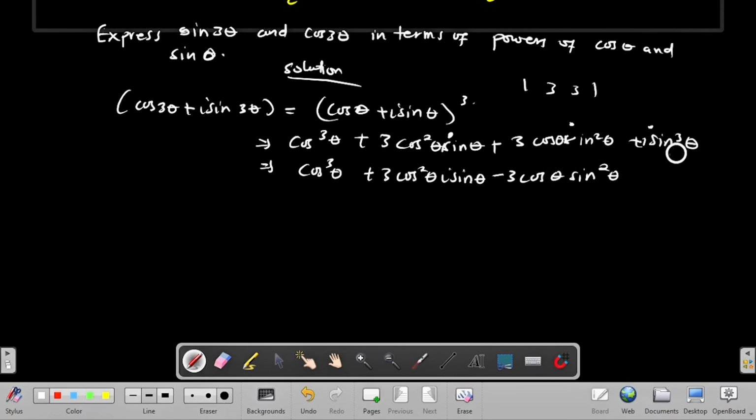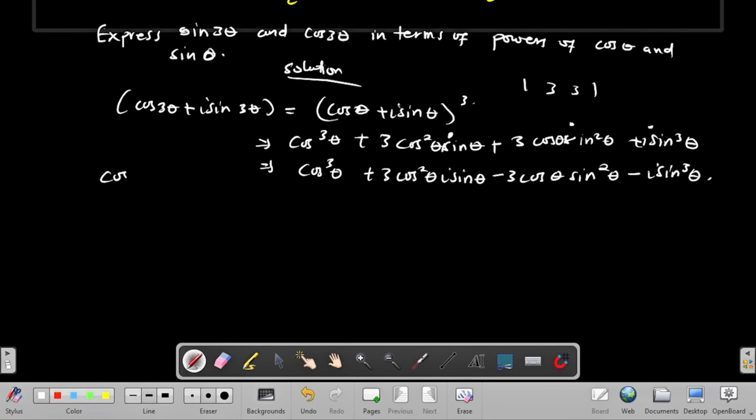Take note, here you are cubing. Remember when you cube i, what do you get? i cube is the same as i squared times i, where i squared is negative 1, so it's negative i. So I simply come here, negative i sine cube.